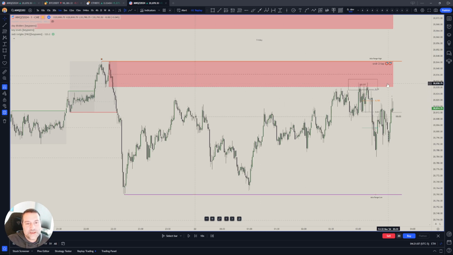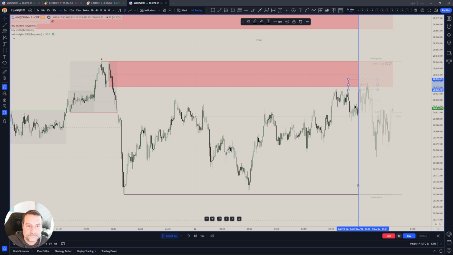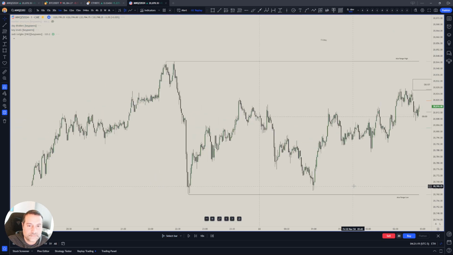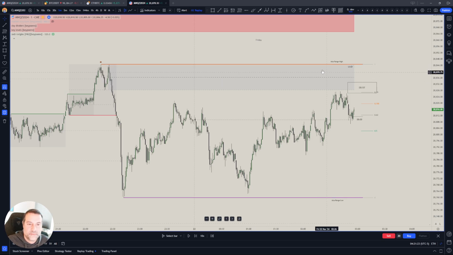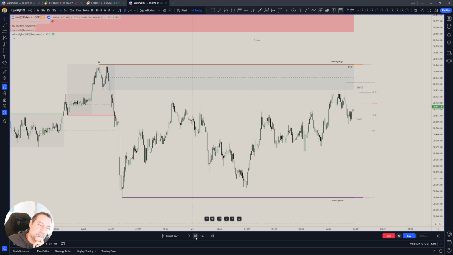The indicator will mark how many taps a certain zone has received. So if I slide back to here, you see that it marks the SNDR, but it doesn't say that there have been taps into it. Let me scroll up. It might take a while.